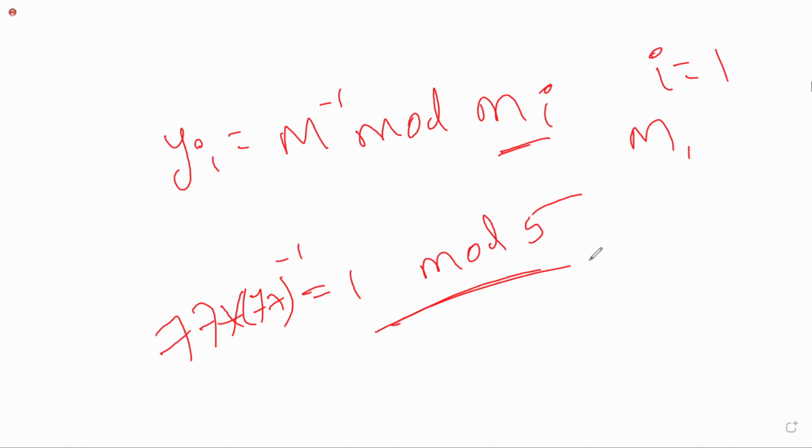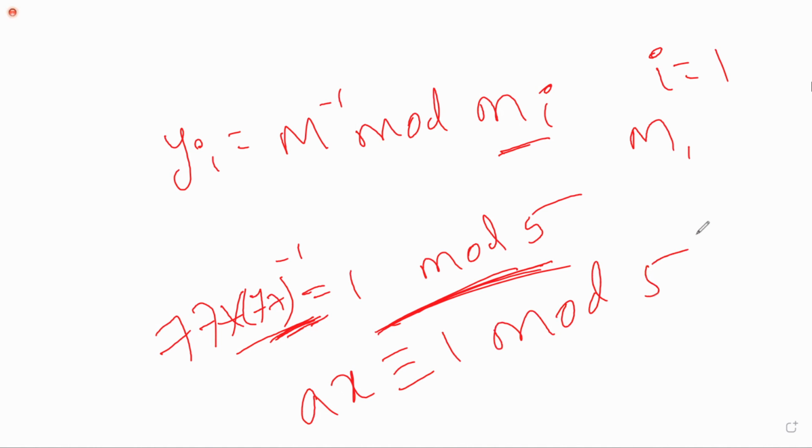So the inverse of 77 is equal to 1 mod 5. How can we get this? First of all, this is in the form of AX congruent to 1 mod 5, a multiplicative inverse.